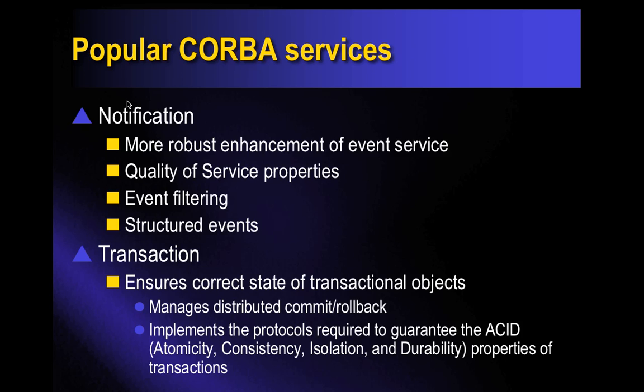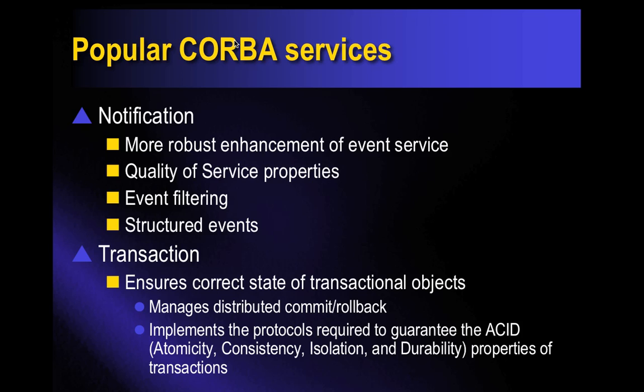So all of the stuff that I talked about in terms of the Java transactional support through the JTA, you can also use the corresponding CORBA API for that. Notification is a more robust enhancement of the event service, with quality of service properties, event filtering, and structured events.